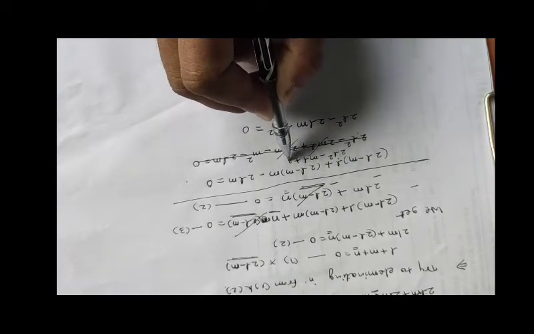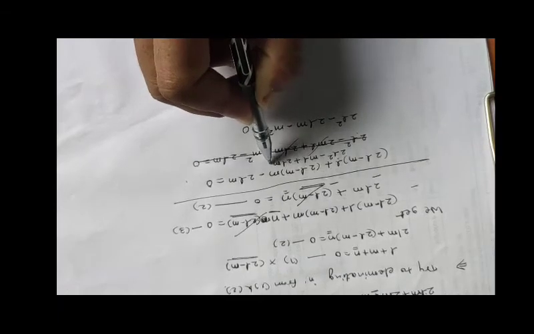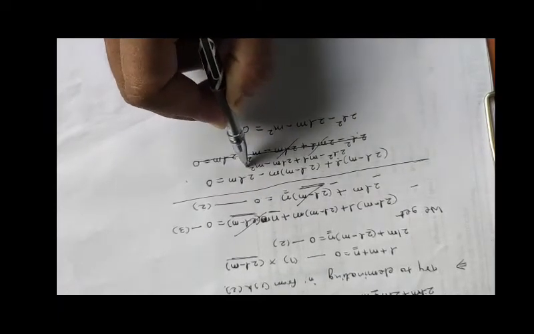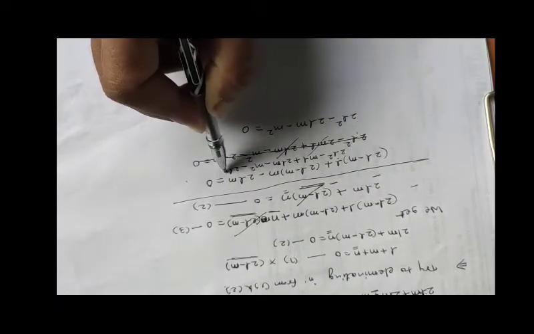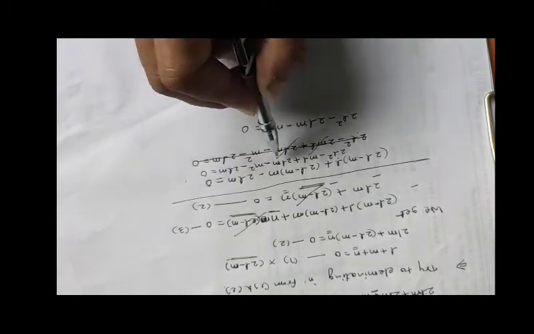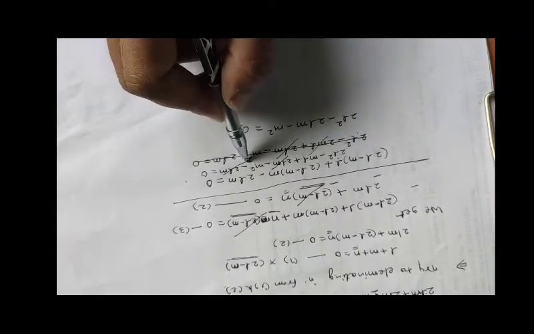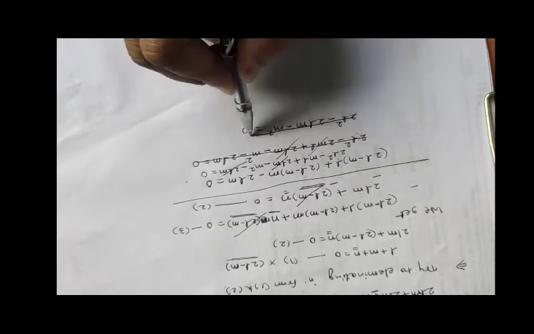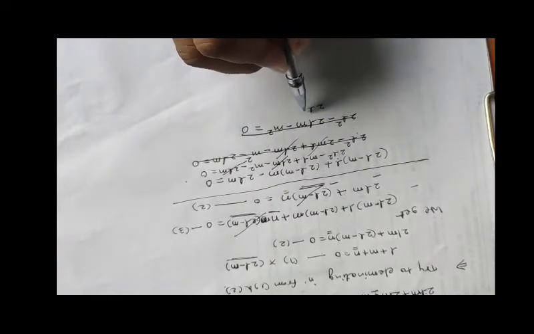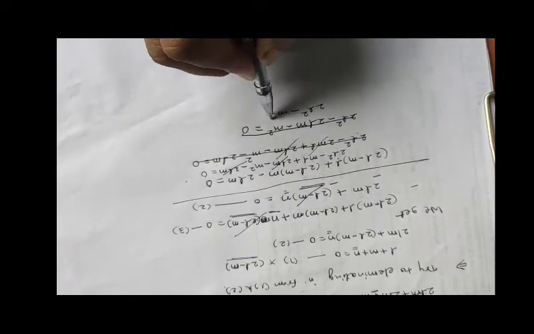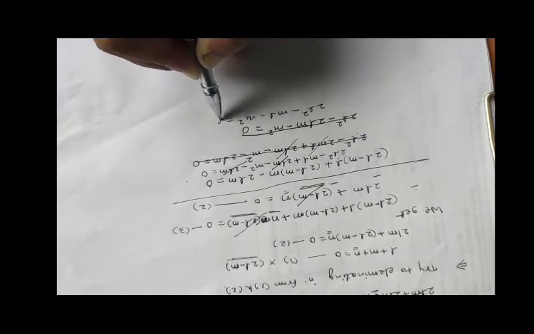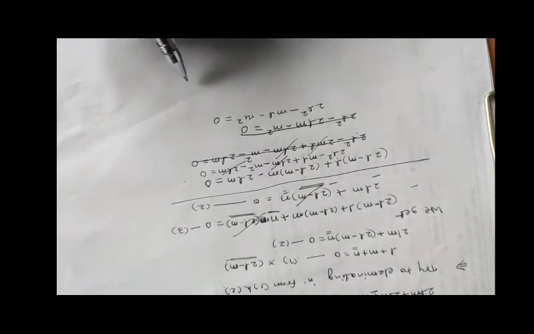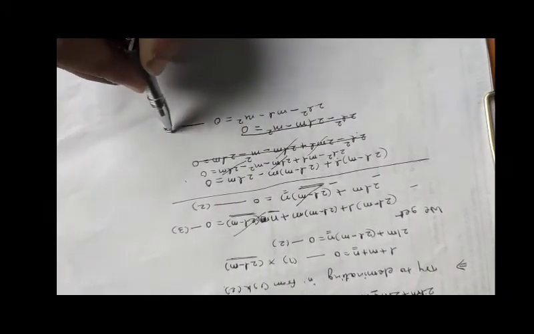After that plus 2lm minus m square minus 2lm equal to 0, and this 2lm gets cancelled, and we get the new equation, that is 2l square minus ml minus m square equal to 0. This is our new starred equation.